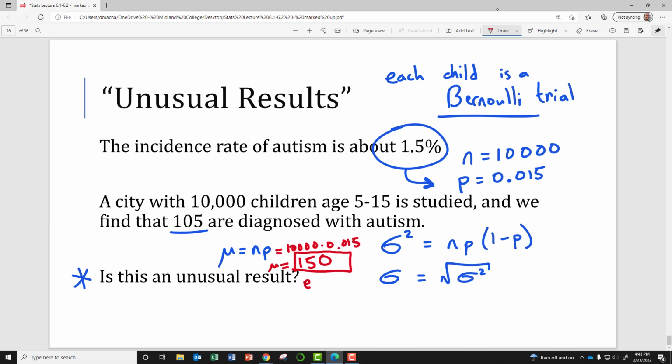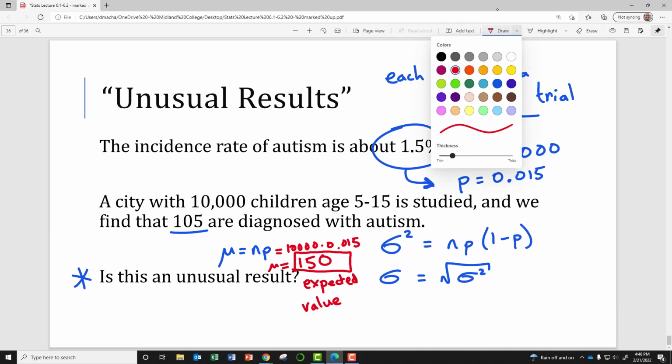Now, just because 105 diagnoses is not exactly 150, that doesn't make it an unusual result, because you can have give or take a few from your expected value.